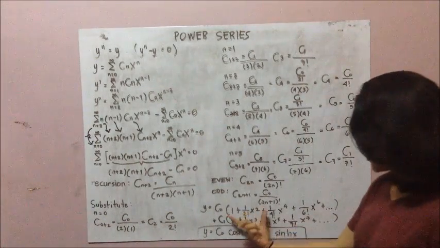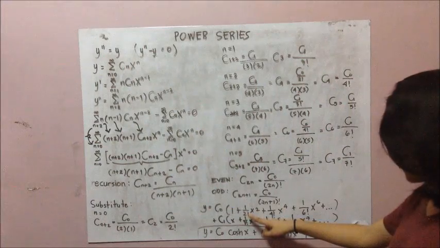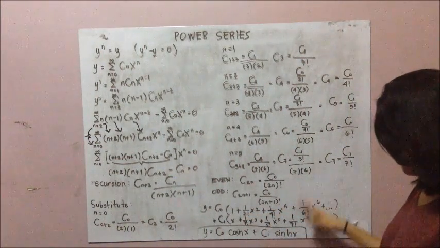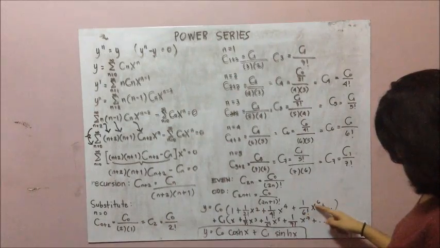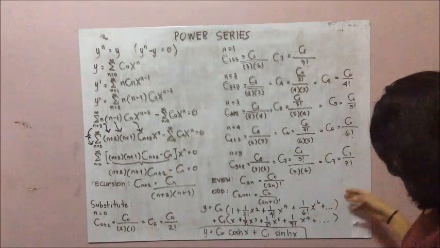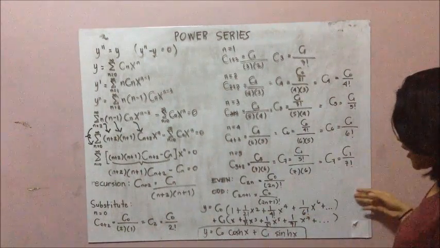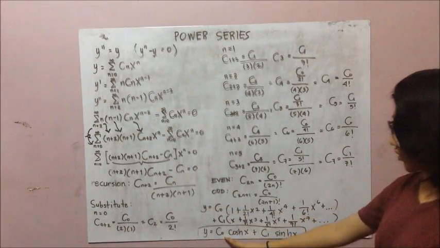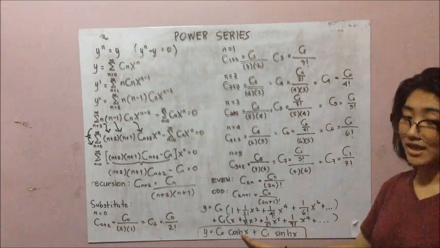As you observe, the expression 1 plus 1 over 2 factorial x squared plus 1 over 4 factorial x raised to 4 plus 1 over 6 factorial x raised to 6 equals hyperbolic cosine x. So we simplify this to c_0 hyperbolic cosine x.